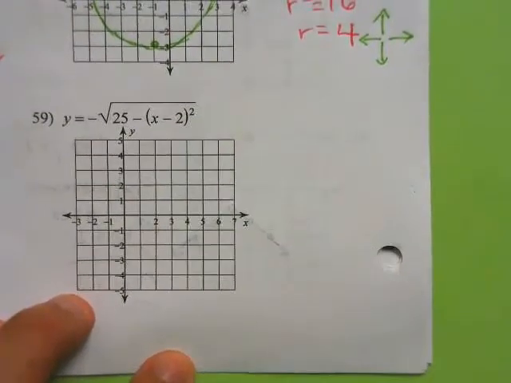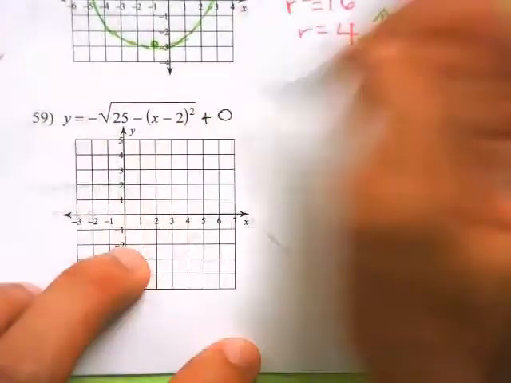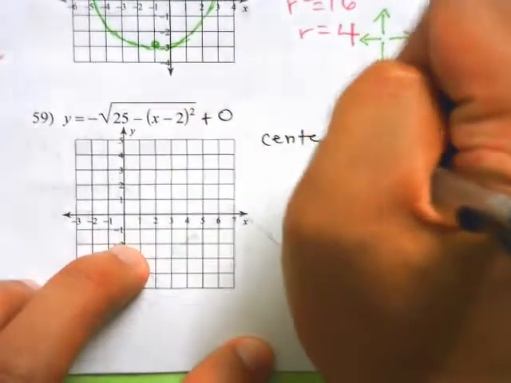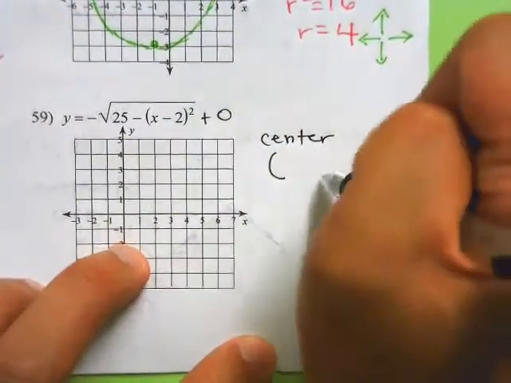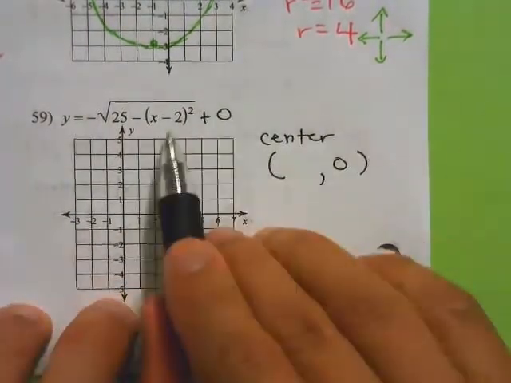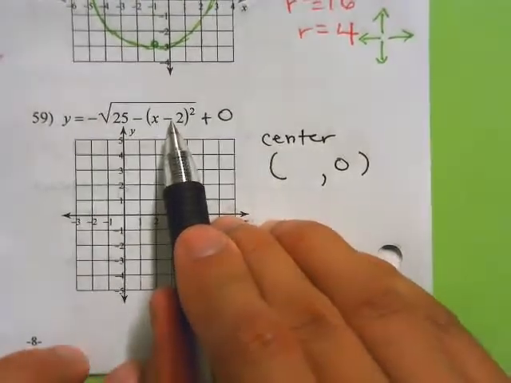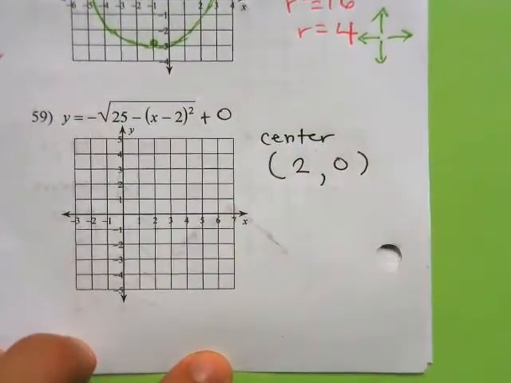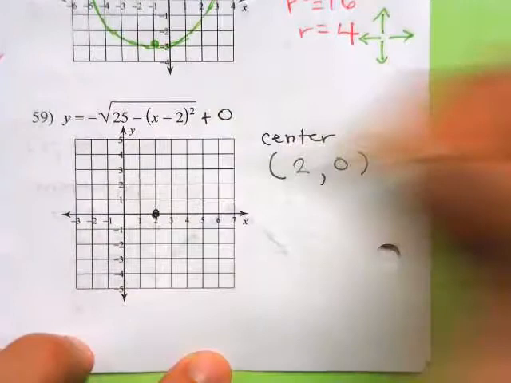As opposed to 59, let's take a look at 59. I'm going to add a plus 0 over here. Let's be very, very careful with your center. Well, 0 over here, and the opposite of what you see by the x, so this is going to be 2. The center is 2 comma 0.